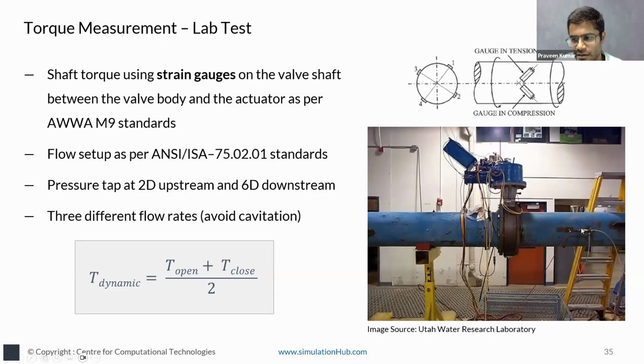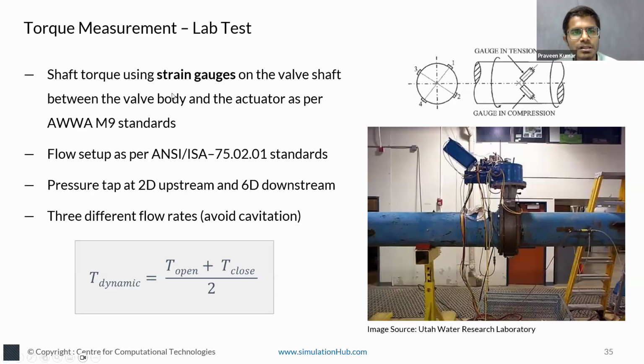You can see it here, where to place the pressure tappings. The flow conditions should not be turbulent and should not be in a cavitating region. These guidelines are provided in these standards. Additionally, the M49 standard guideline provides how to measure this torque specifically.